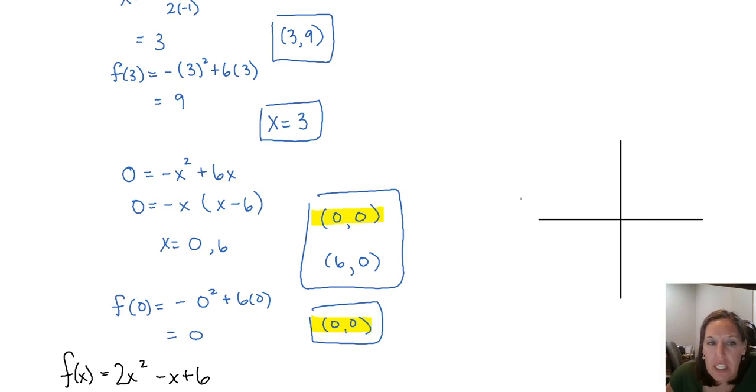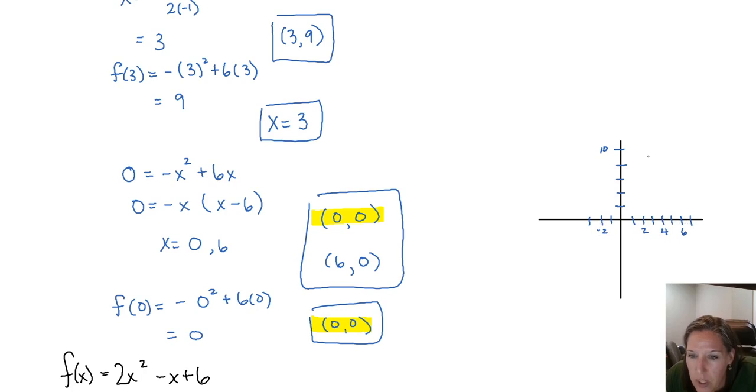All right, putting everything together on our graph, we do have a vertex at the point (3, 9). I'm going to go up by 2, 4, 6, 8, 10 on the y, and then by 1s on the x, just so I can fit it on our graph.